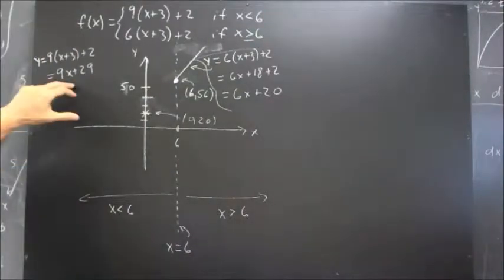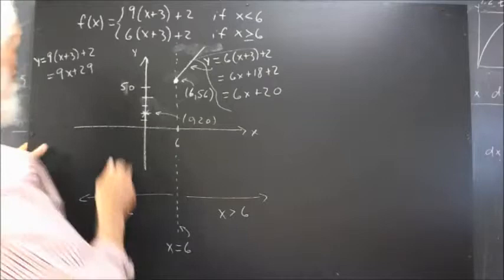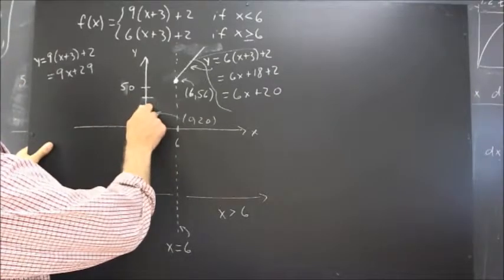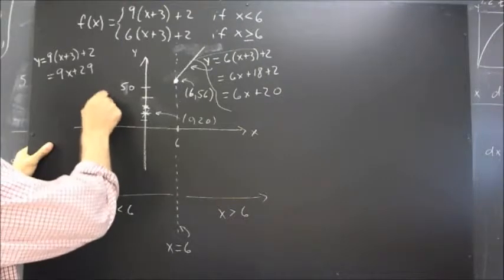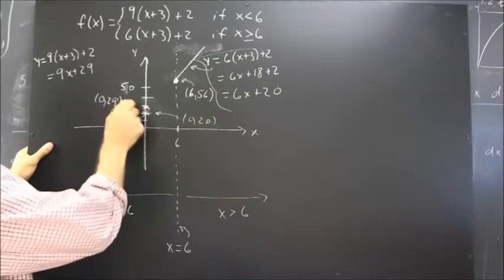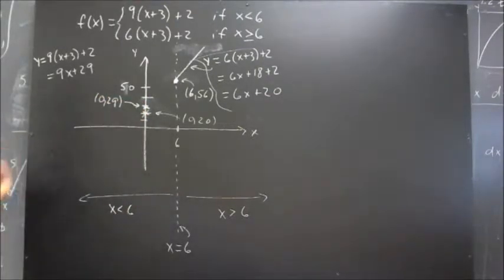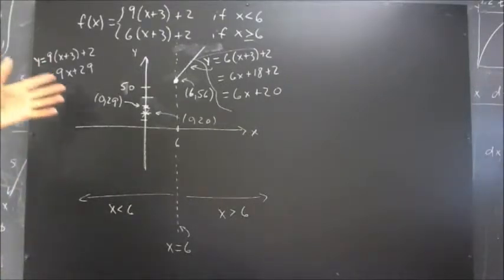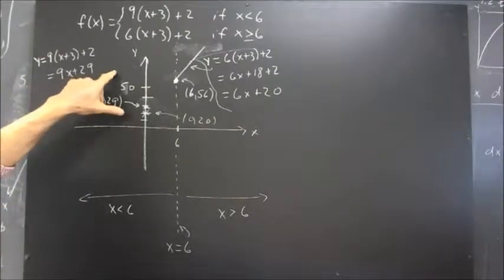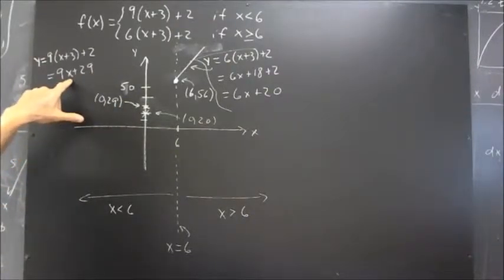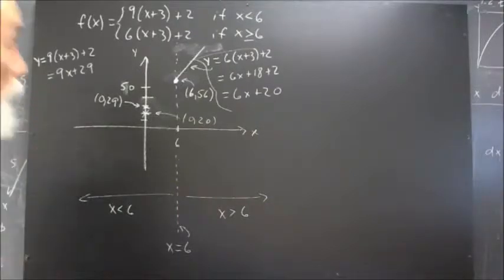Now the function y equals 9x plus 29 is going to have y-intercept 0, 29. So I'm going to put that here. And it's going to have a slope of 9. Well, we could find the x-intercept. We just set 9x plus 29 equals 0. We find the x-intercept is at negative 3 2/9.